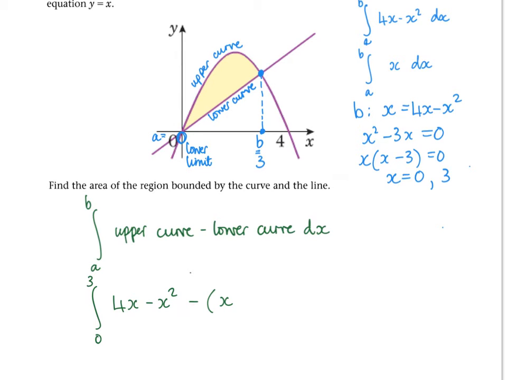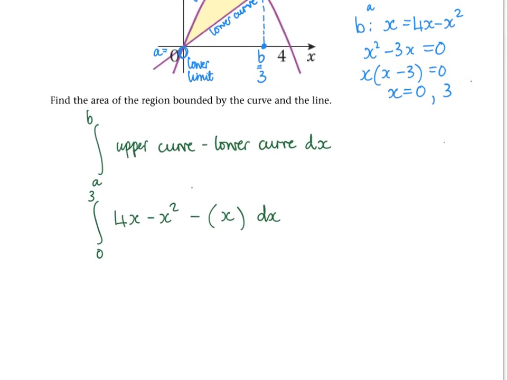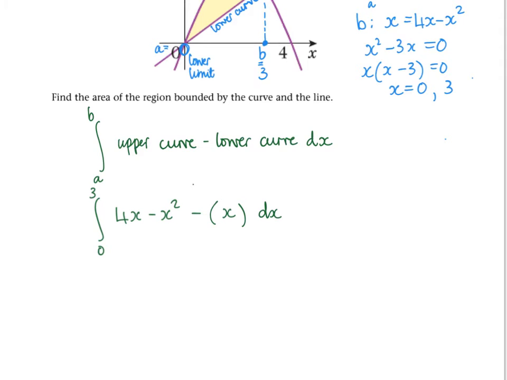Just watch out for it in case we get a double negative, and dx. So when we simplify that, we get the integral from 0 to 3 of 3x minus x squared dx.